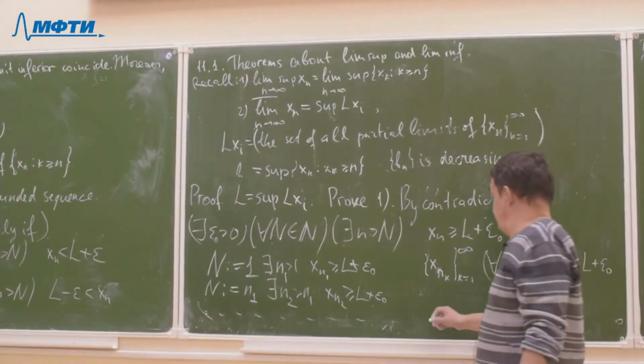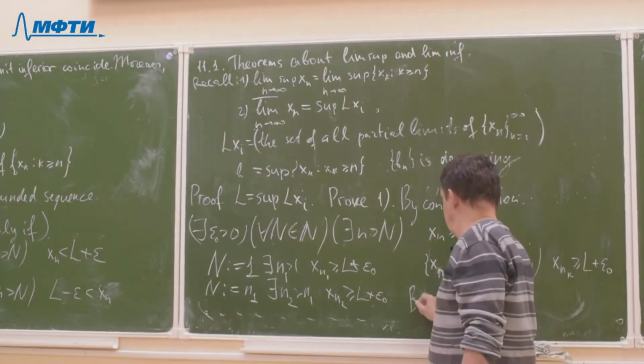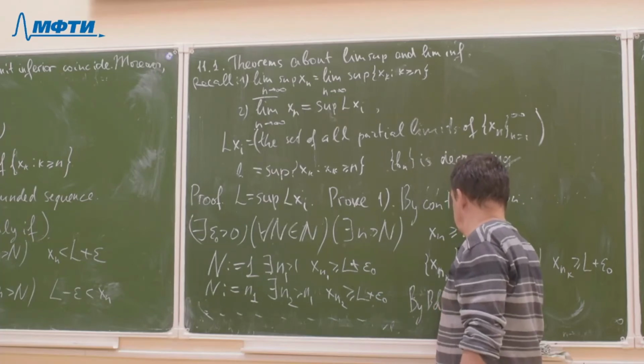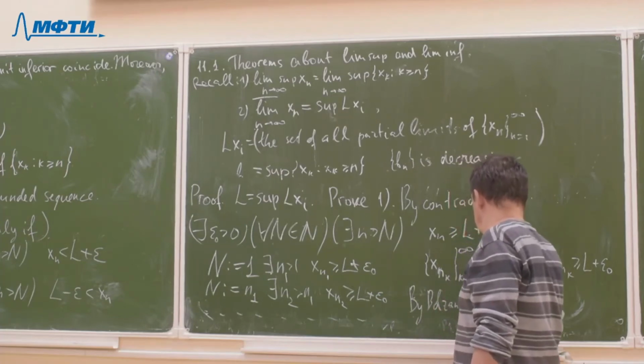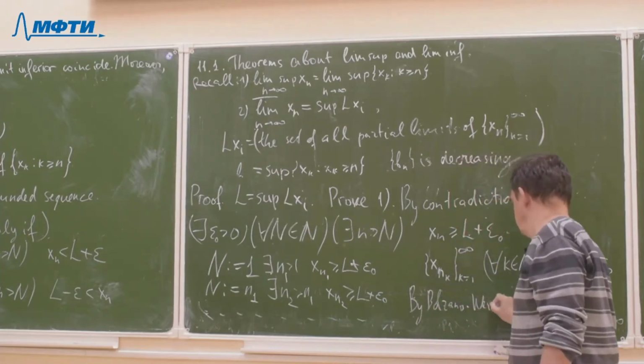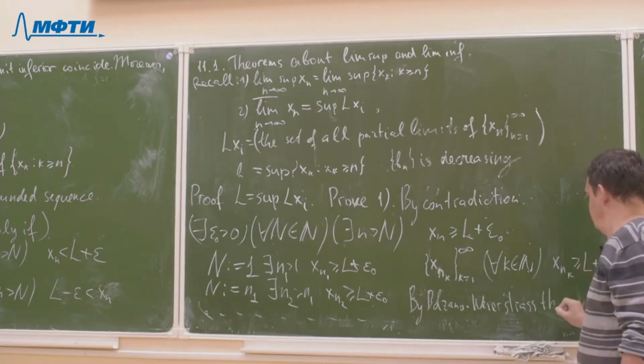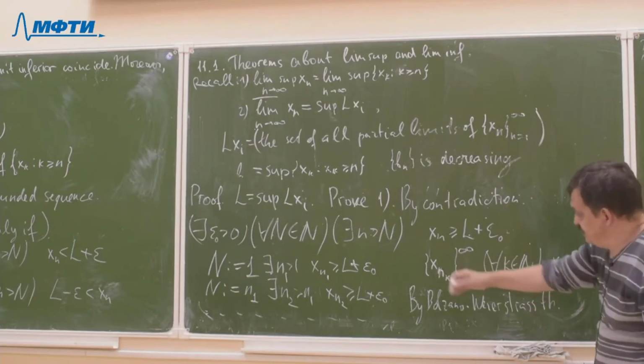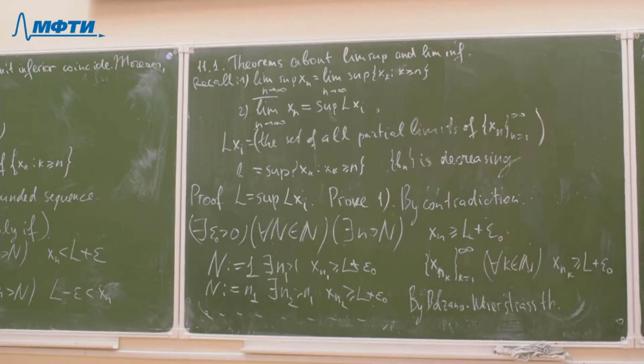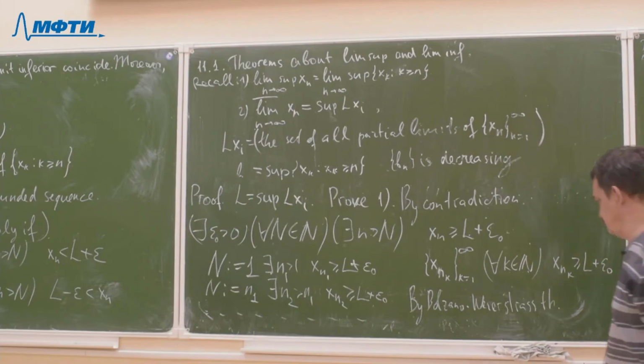So by the Bolzano-Weierstrass theorem, there exists a subsequence of that sequence. So a subsequence of a subsequence.